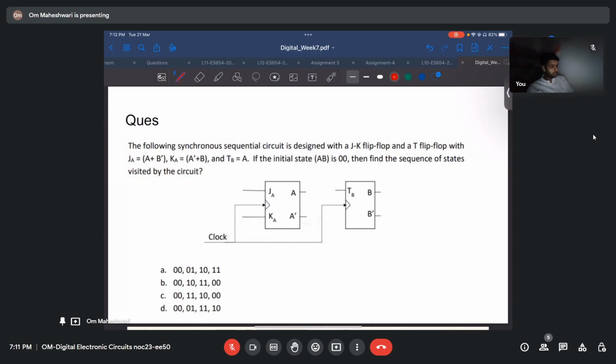Okay. So we have a JK flip-flop and a T flip-flop. These are given.